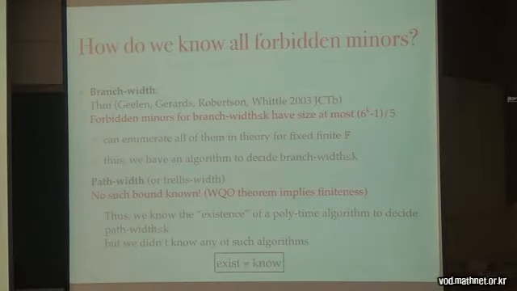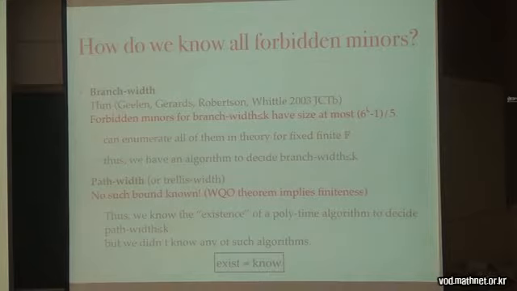The situation is different for path width because there's no such bound known. We have a lower bound saying that the number of forbidden minors grows exponentially. I think it's double exponential. But we don't have an upper bound. The only upper bound is the consequence of the well-quasi-ordering theorem, which says that there are only finitely many. So there should exist an upper bound, but nobody knows it.